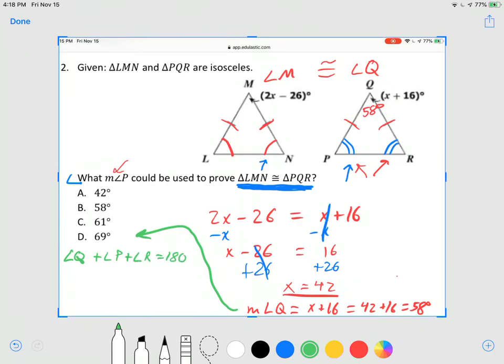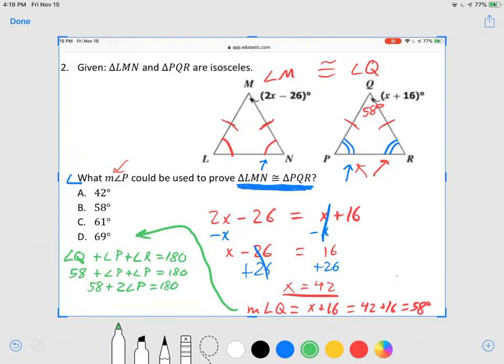Now angle Q we know is 58, and then angle P and angle R are the same, so we could just call them both angle P. And the purpose of that is that now we only have one unknown in this equation. It's just P. Okay, so we got 58, and then when you add P to itself, that gives you two of them. So we got two angle P's is equal to 180.